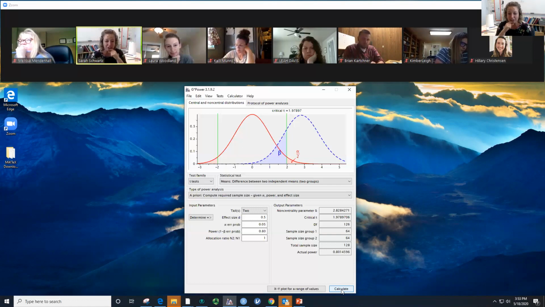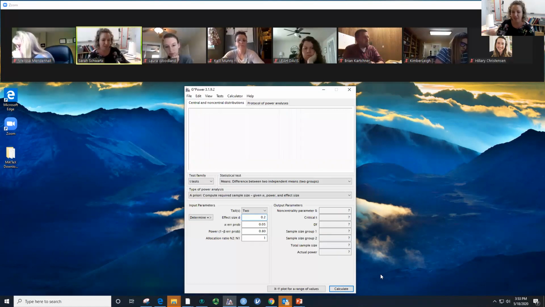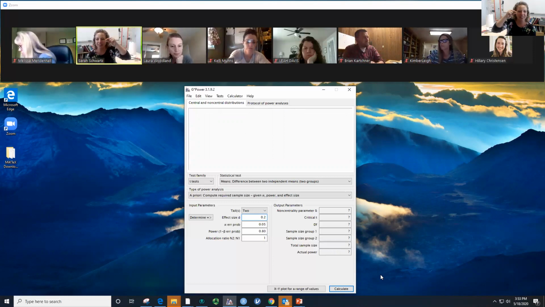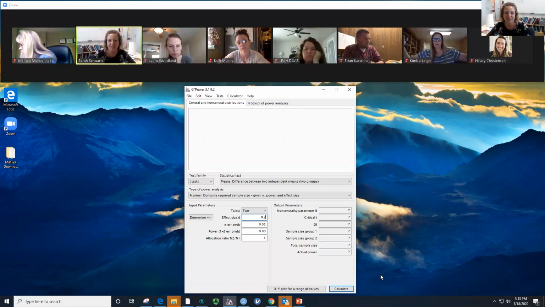Okay, so let's see, we said for an effect size of 0.5, we need 128. What do you think is going to happen if I make this effect size smaller? A smaller effect size, so your averages are going to be closer together. What do you think that's going to do to our required sample size?